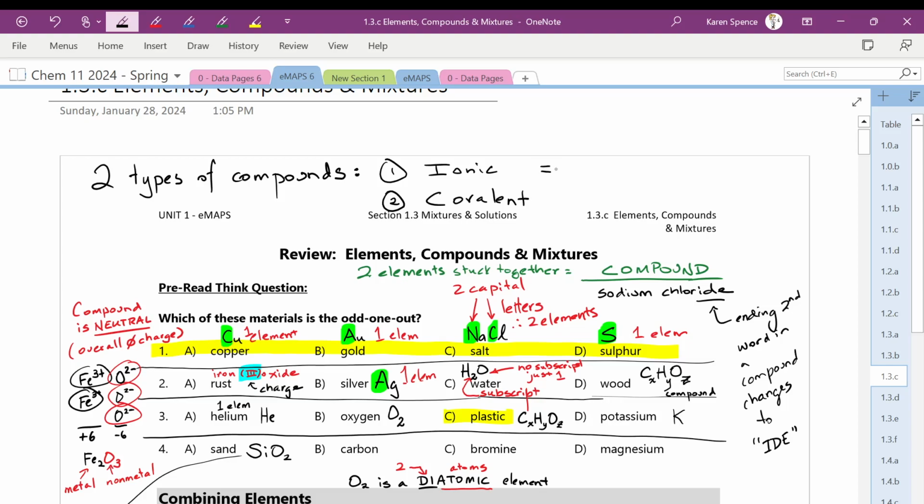So an ionic compound, what types of elements? Remember, our types of elements are metal, metalloid, and non-metal.